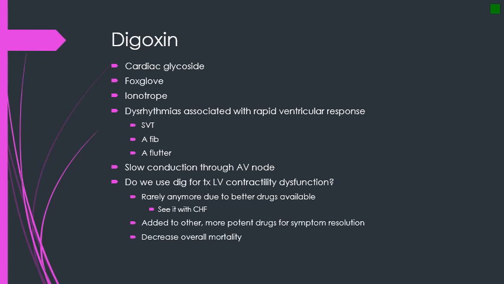It's not first line because we have so many other drugs that are much better as compared to digoxin. And digoxin has some pretty significant side effects, and it has a high toxicity level. So we have a tendency to use the newer drugs more often. Now, you will see it still come around on patients, especially those patients with congestive heart failure, but it is typically added to other drugs just to help with that contractility and to slow that AV node conduction.